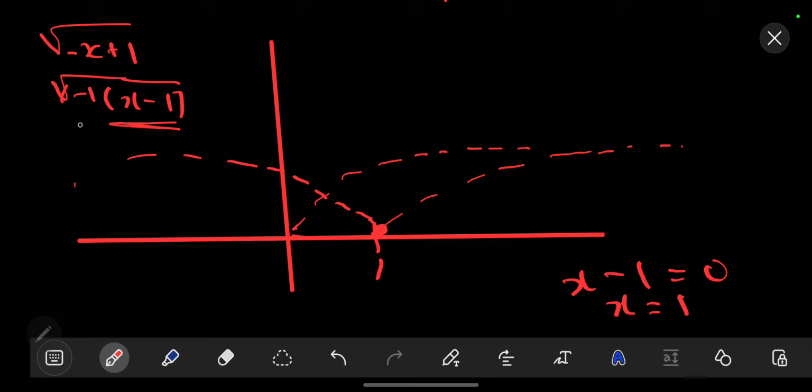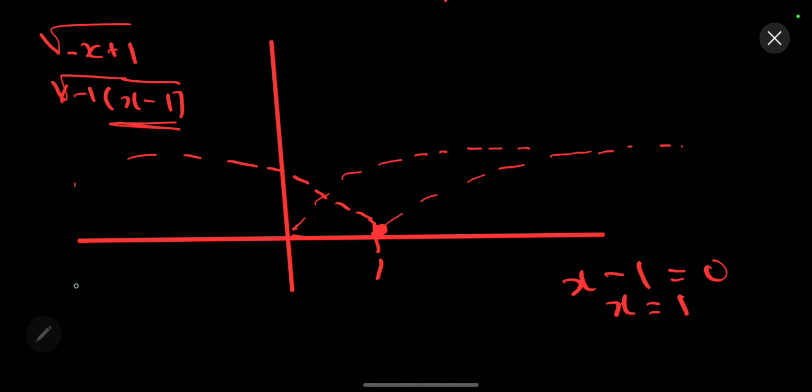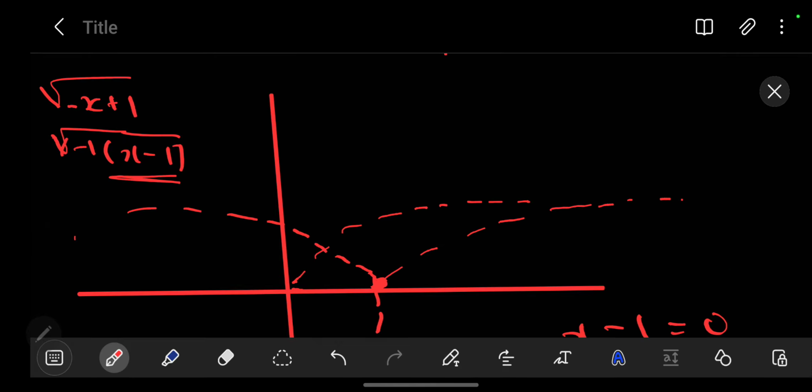Take note: if the negative is inside, the graph just rotates in the other direction. But if it is the negative of the square root of any number, then the graph will go in this downwards direction, like this, because the negative is outside. Since the negative is inside, it just goes to the other direction.